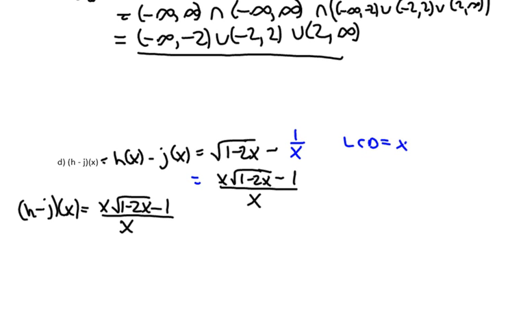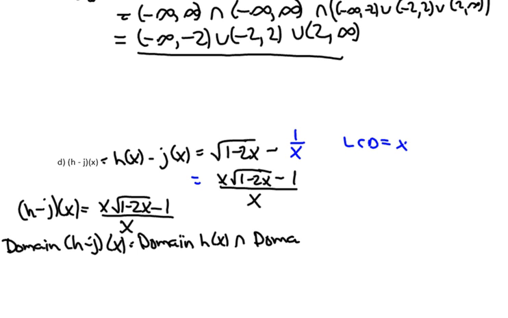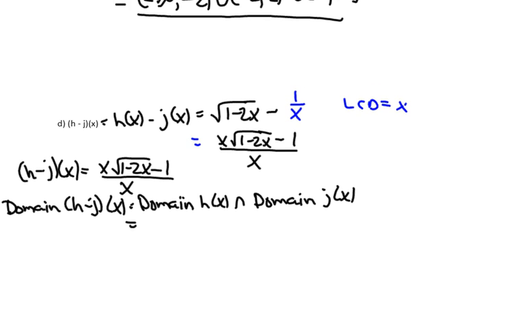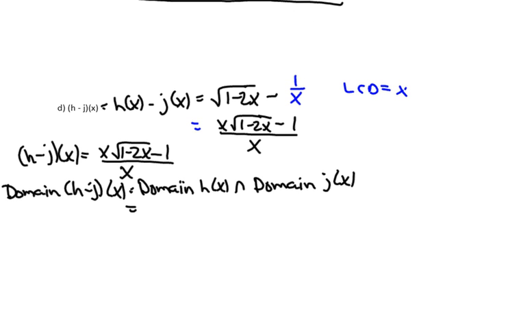Okay, so let's write the domain then. That's going to be the domain of h of x intersecting the domain of j of x. Now, h of x. Well, we know h of x is 1 minus 2x underneath the square root.